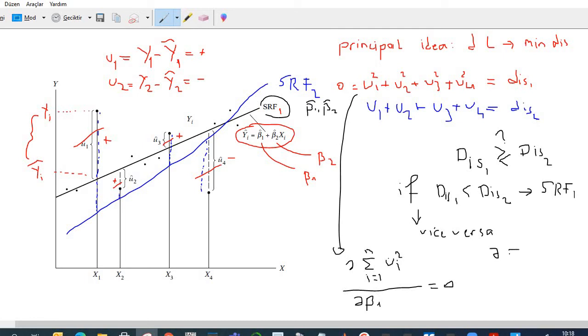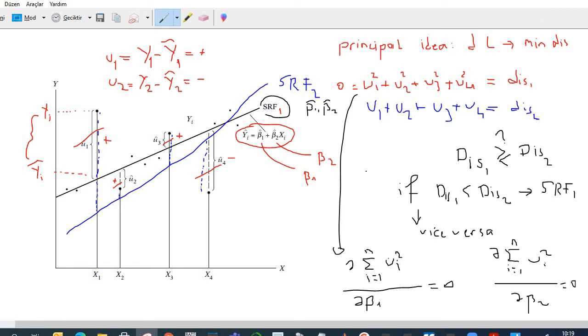So we will get a partial differentiation for beta 2 as well. If we obtain the efficient or optimal beta 1 and beta 2, we can obtain these two normal equations. This is normal equation 1 and this is normal equation 2. Then we can obtain a formula for beta 1 and beta 2 as well.